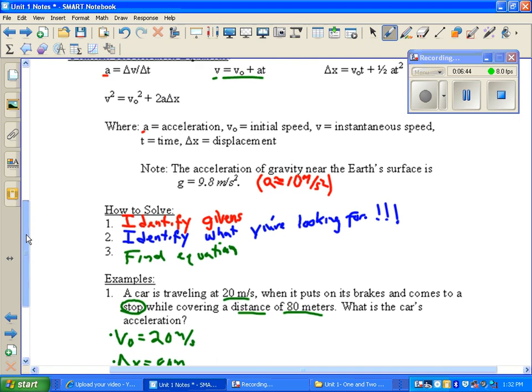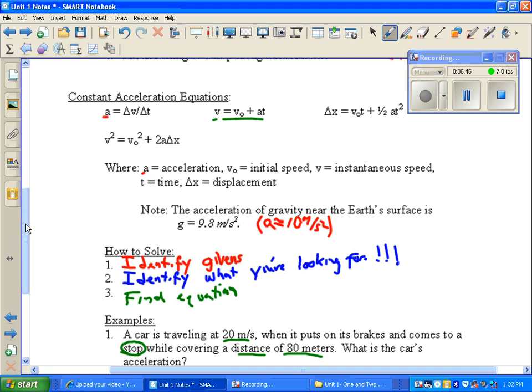So now as I look back up my equations, it can't be this one, because that has T in it. Can't be the next one. Oh, here it is. This has V0, V, A, and delta x without T. So that's the equation I'm going to use.